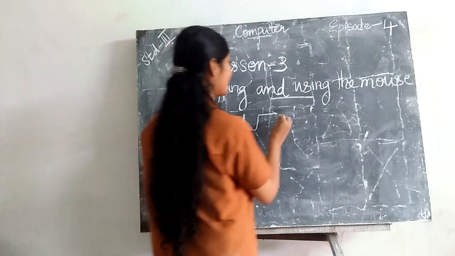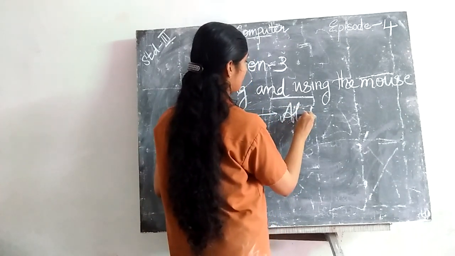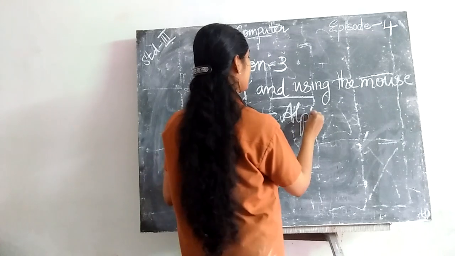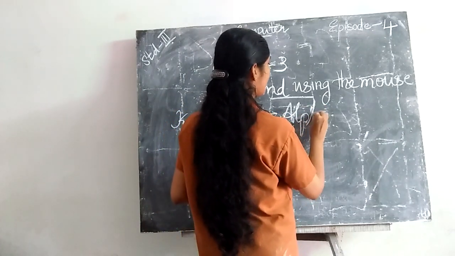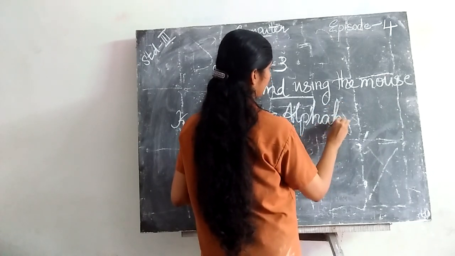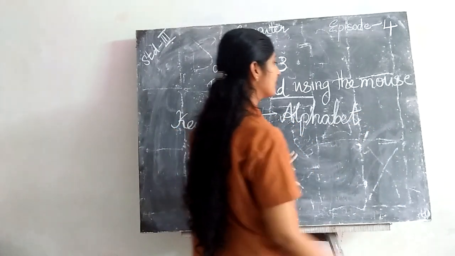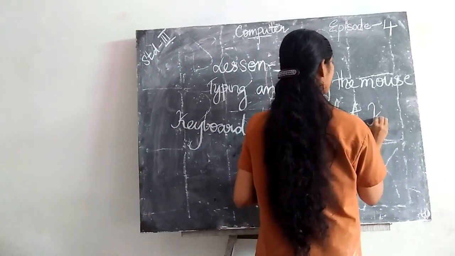Alphabet key. Then what is the spelling of alphabet? A, L, P, H, A, B, E, T. Alphabet keys.